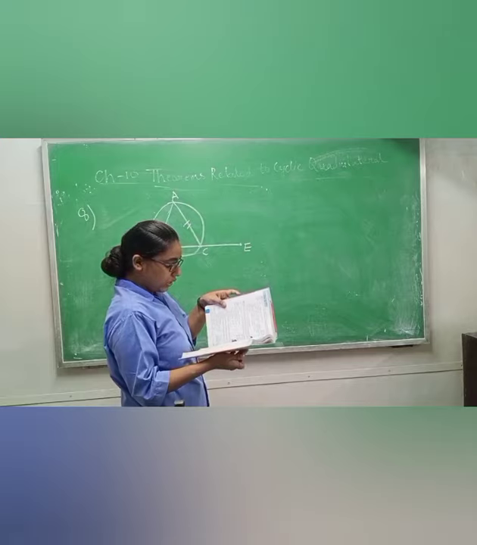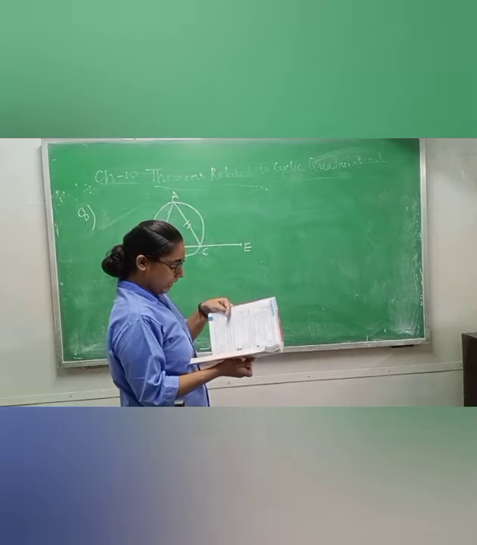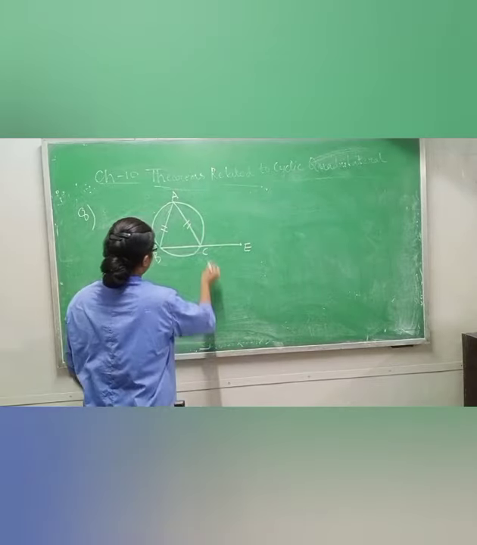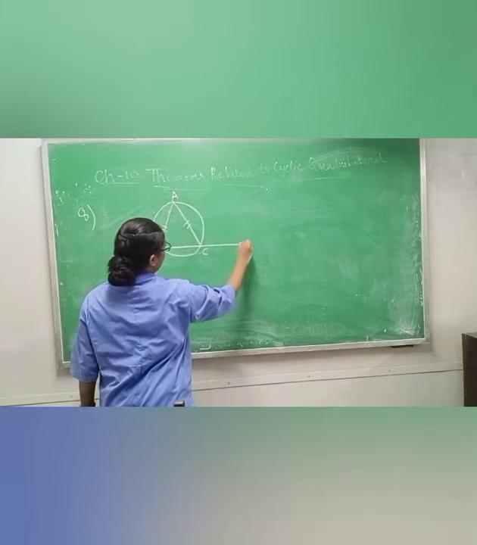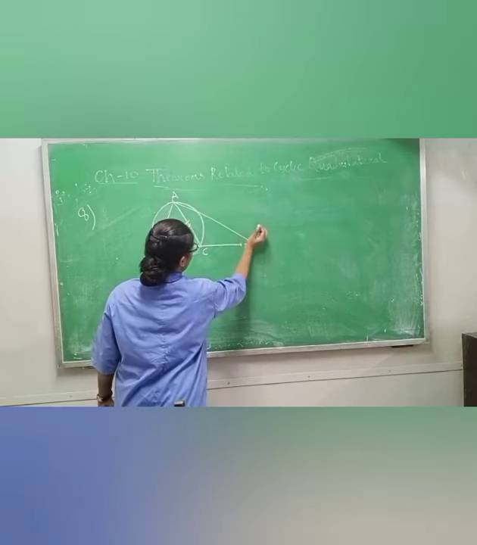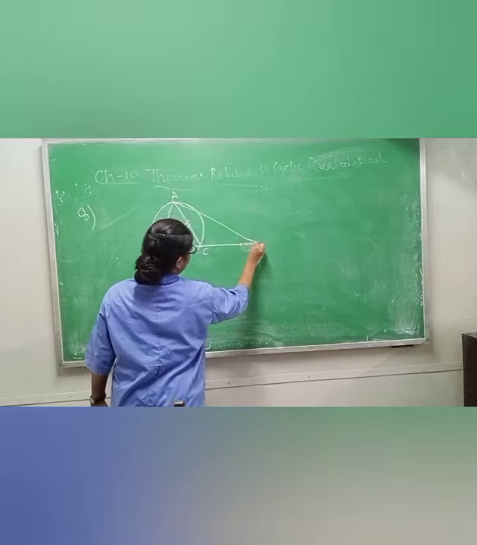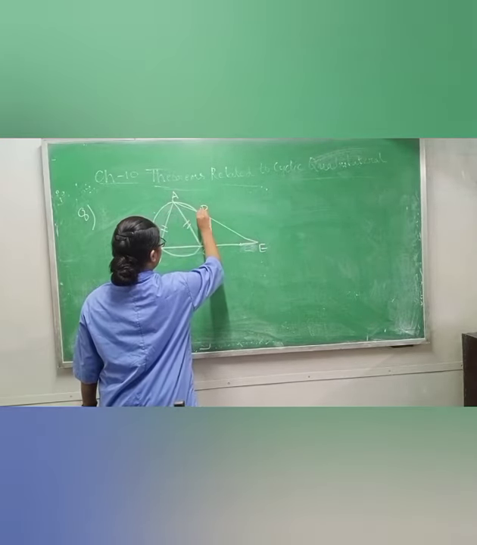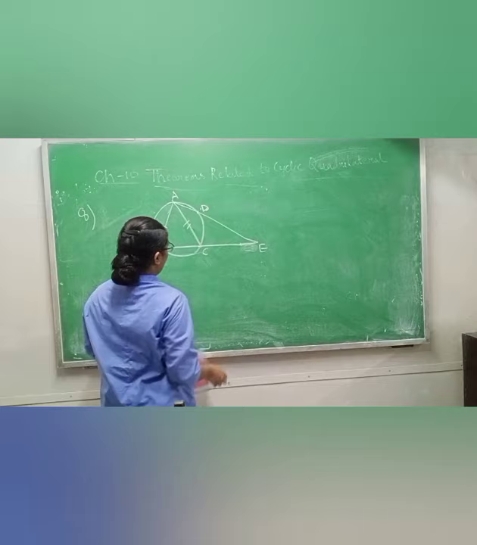If the circumcircle of ABC intersects AE, it means we have to join AE, then it intersects at the point D, means this is point D.